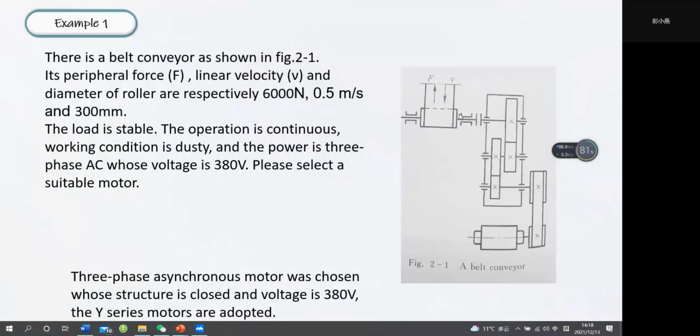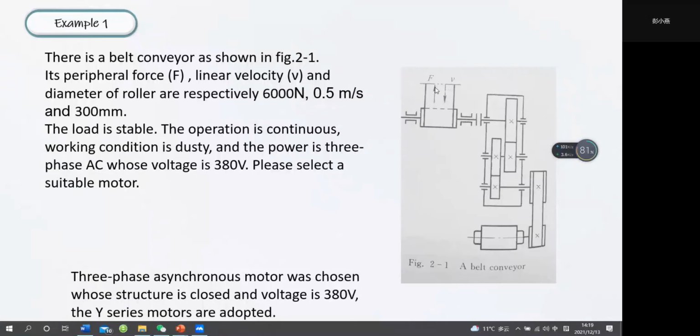In this figure, the peripheral force or tangential force F, the linear velocity V, and the diameter of the roller are respectively 600, 0.5 and 300 millimeter.